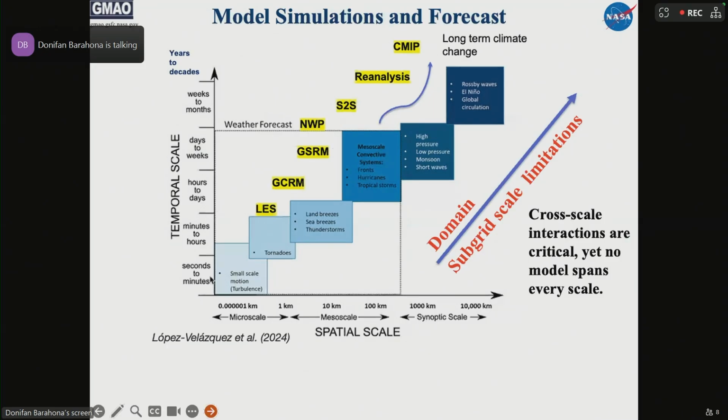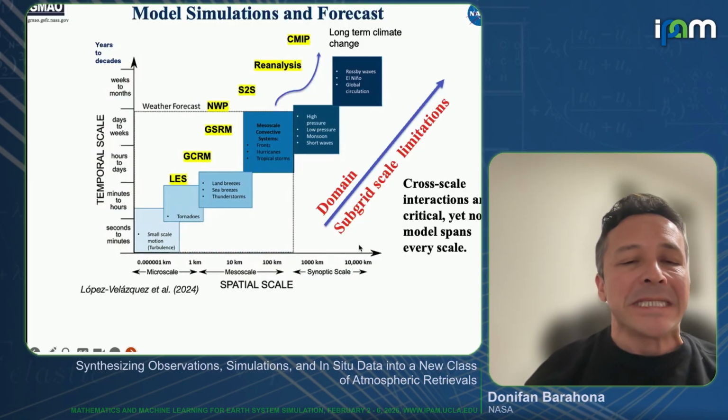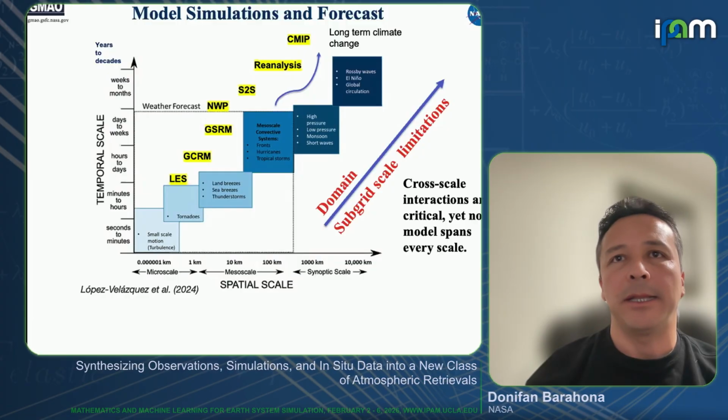It could be from seconds to minutes, like turbulence, or years, decades, or centuries if we're talking about long-term climate change, right? If we want to represent the small scales, we need to be able to resolve that. We need a very high resolution model. Or if we want to represent large scale climate change, then we probably need a lower resolution model, with hundreds of kilometers grid scale.